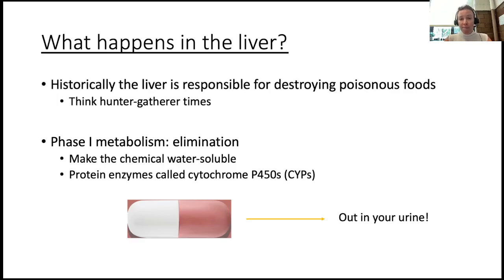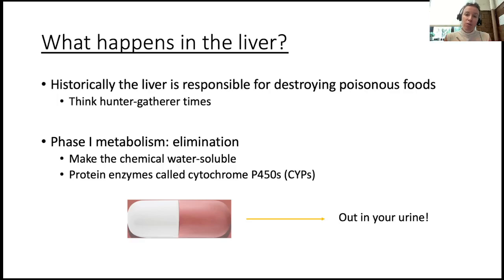And as I already mentioned, historically this was super important because sometimes, like in hunter-gatherer times, you'd eat a berry and oops, it was poisonous, right? So what would happen is if you ate that, it'd go right to the liver, and your liver could do chemistry on it to neutralize the poison, to get rid of the poison.